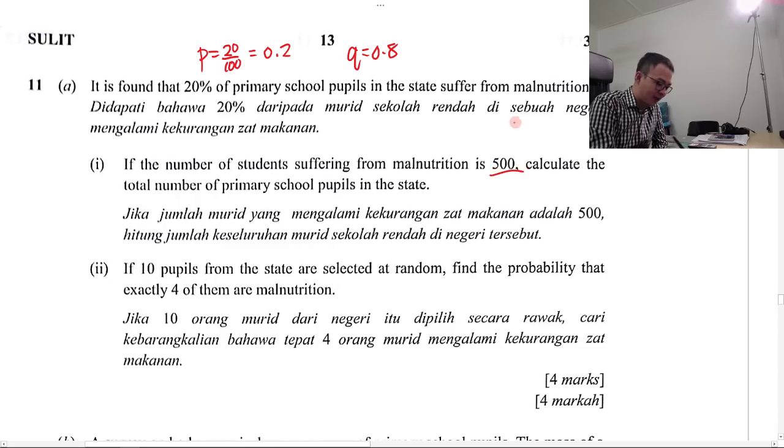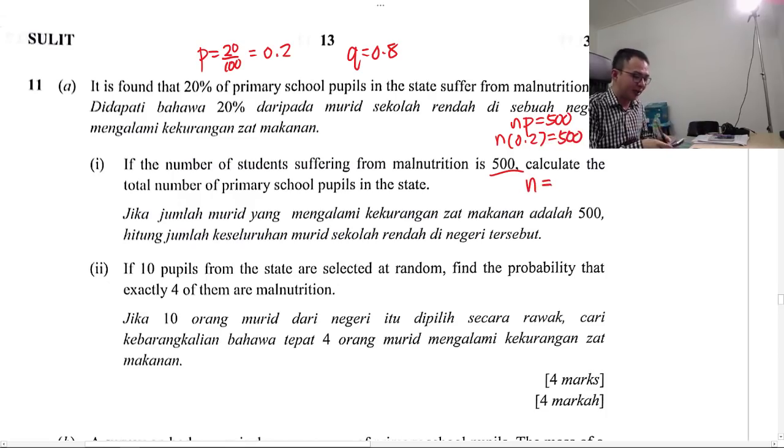So therefore, I know NP will equal 500, because this is the average number of students who suffer from malnutrition. I don't have my N, but I know my P is 0.2 and NP equals 500. Then I can get the total number by taking 500 divided by 0.2, I get my N is 2500.